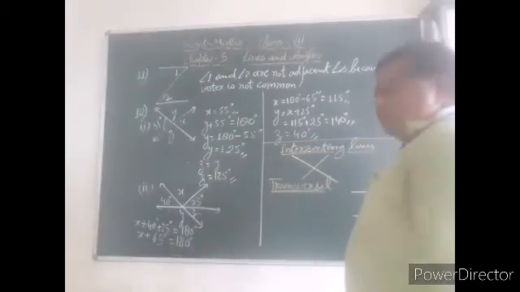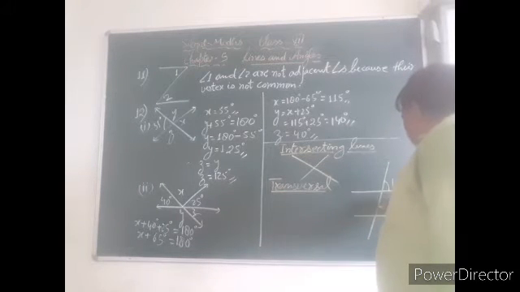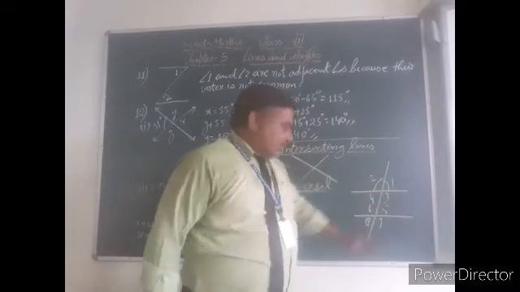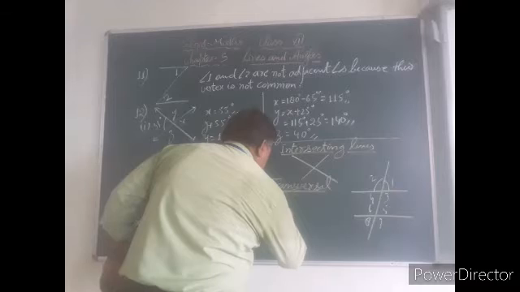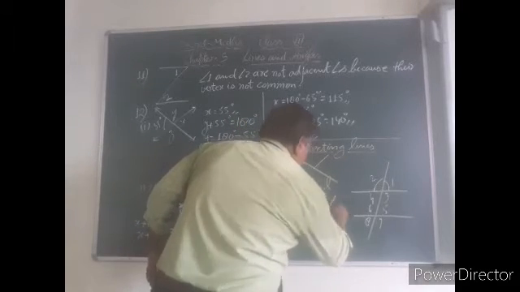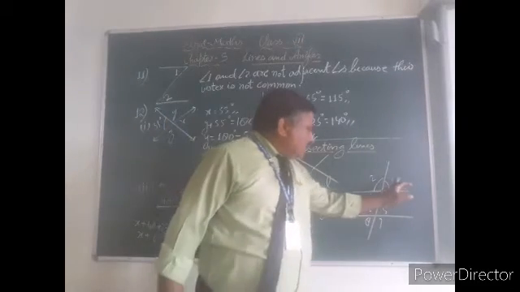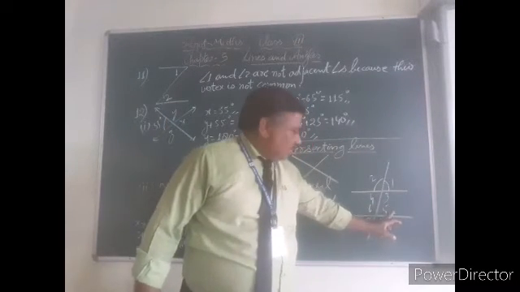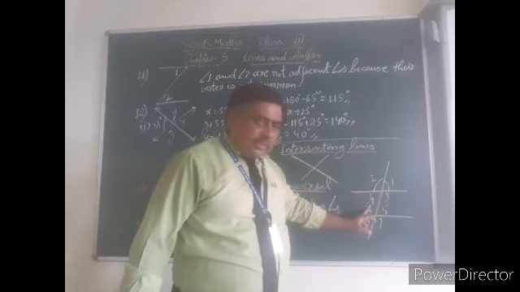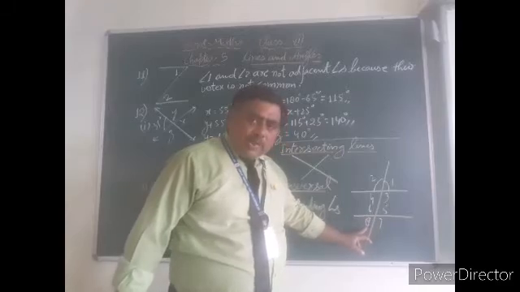Angles formed by the transversal: angle 1, 2, 3, 4, 5, 6, 7, 8. Now angle 1 and angle 5 are corresponding angles. What are corresponding angles? Angle 1 and angle 5, angle 3 and angle 7, angle 2 and angle 6, angle 4 and angle 8.